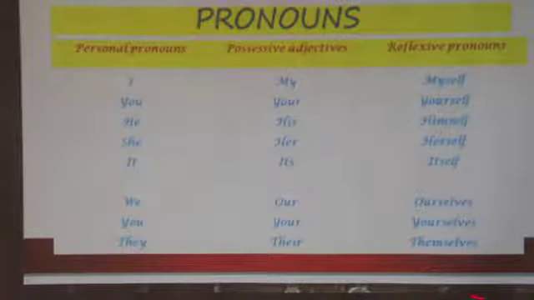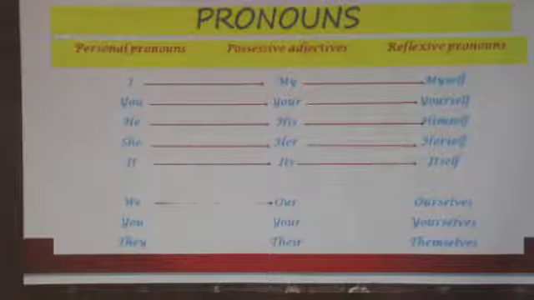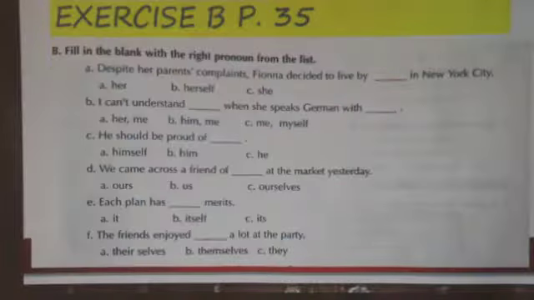So please go straight forward to exercise B on page 35, okay? So here you are, the table. Okay then. Now exercise B, page 35.